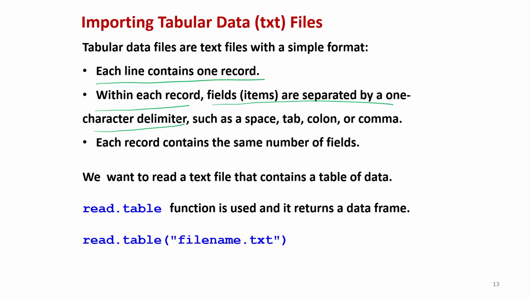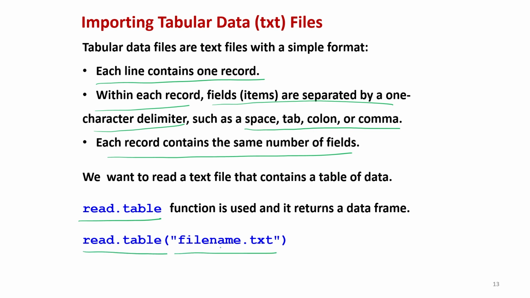This delimiter can be tab, space, colon, comma, or any other symbol. And each record contains the same number of fields. So in this type of data set, if you want to import it to R software, the command is read.table. You simply use this command read.table, and within double quotes inside the parenthesis, you state the name of the file, right?